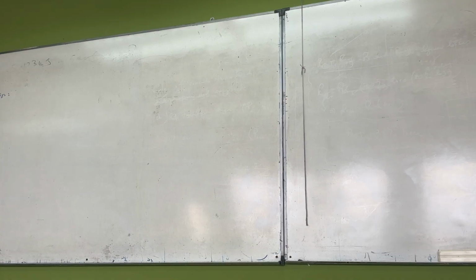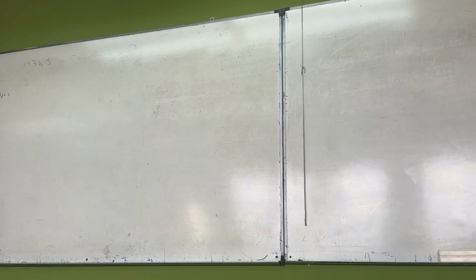So let's say this is the earth retaining wall. The data that I give you is the height and the wall thickness.